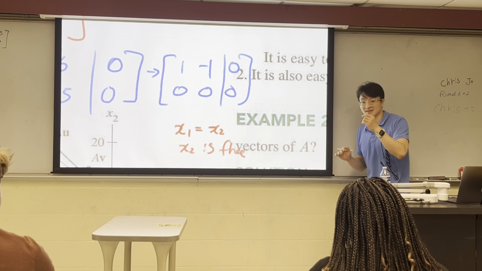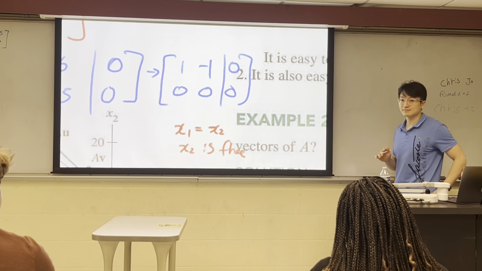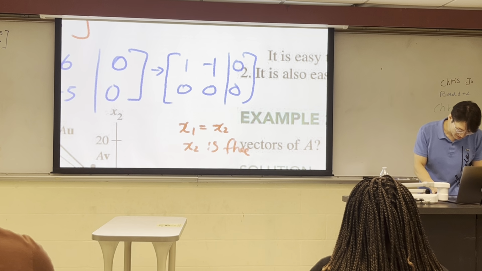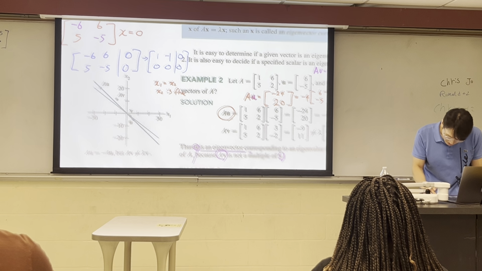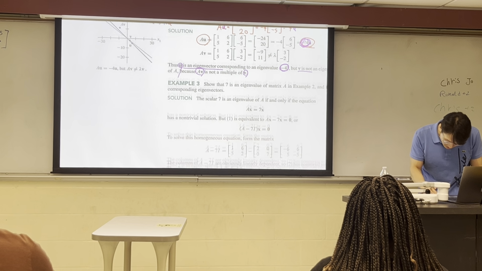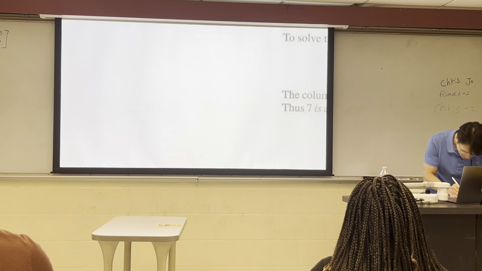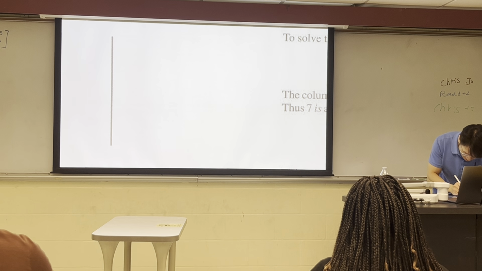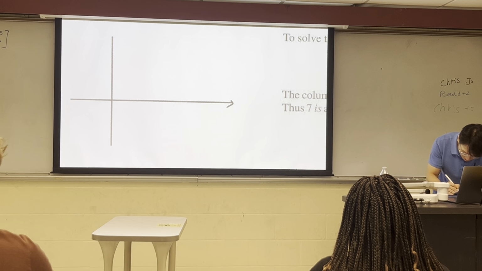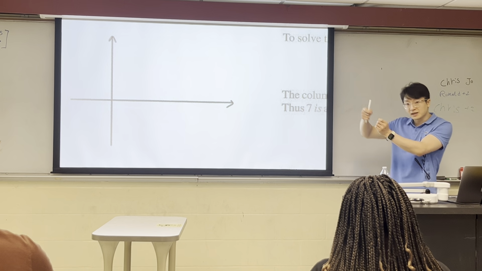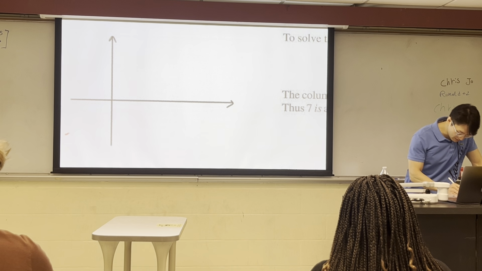Yes. So does that mean that the eigenvalue is 7 whenever x1 equals x2? That means, okay, visually speaking, let's write it. I'll draw it. Whenever x1, x2 are equal, if I span that vector, do I have something like this?